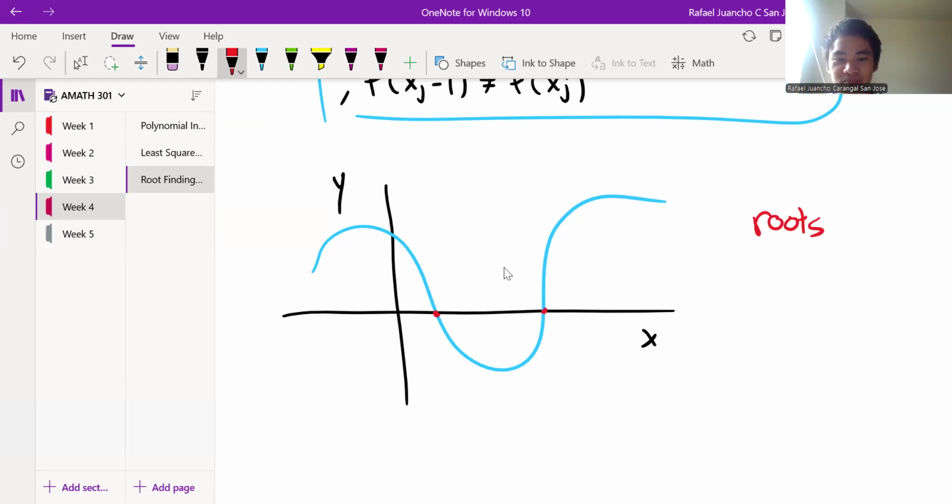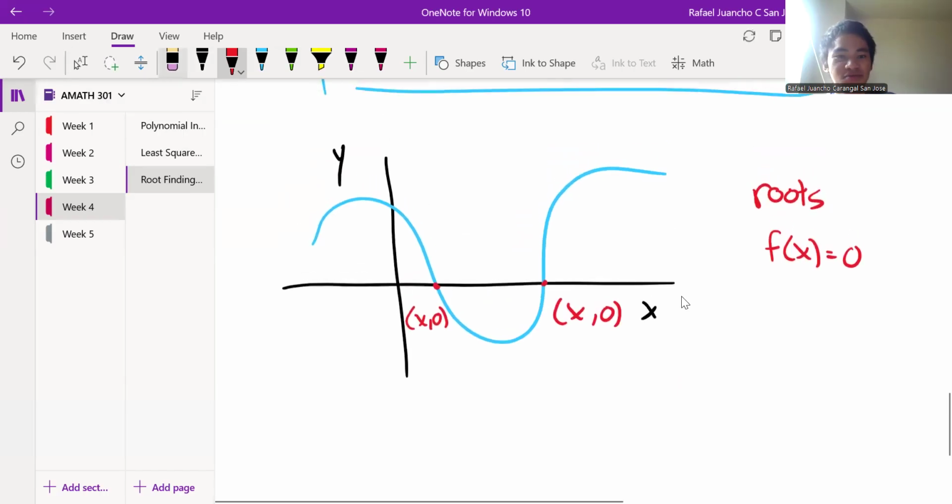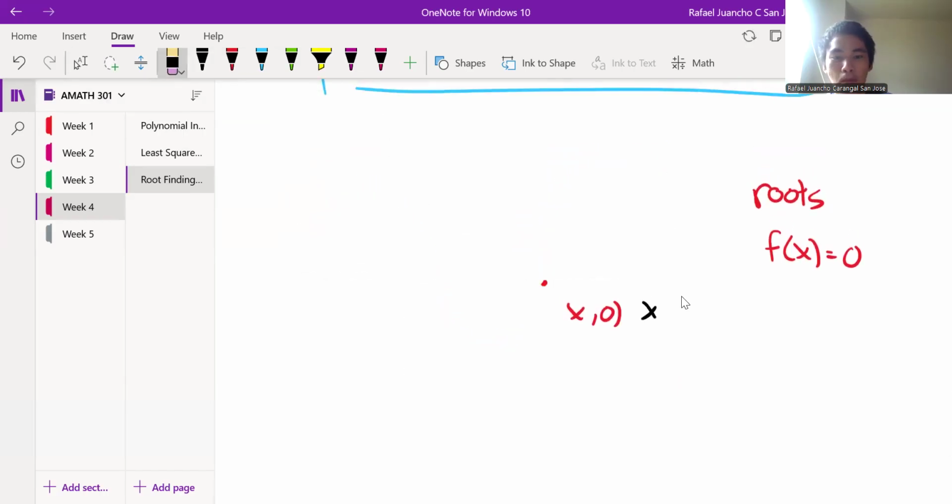Those are solutions. So roots are when we have some x where f of x is 0, the output is 0. That's basically what roots are.